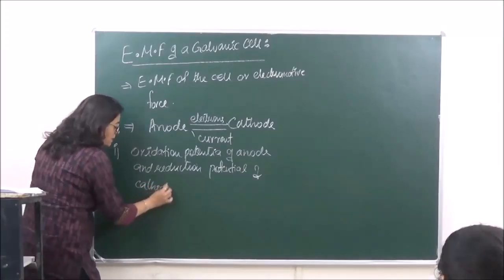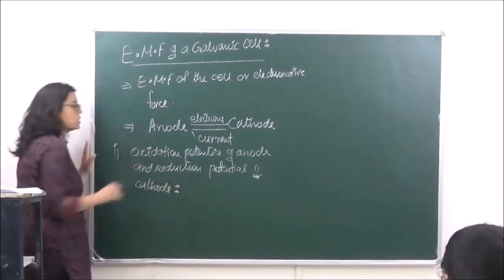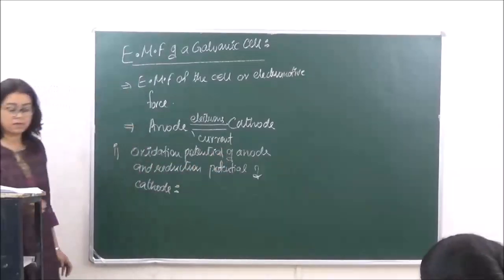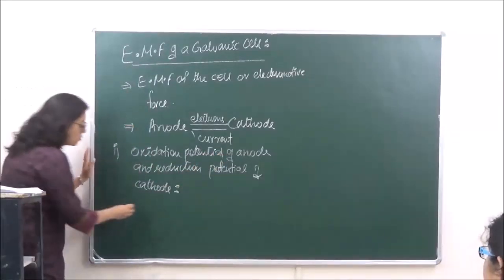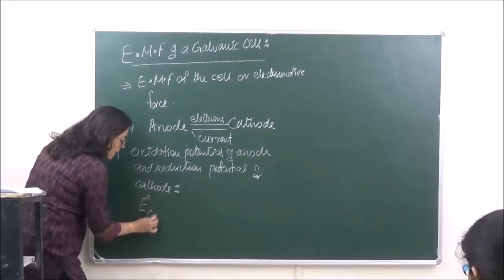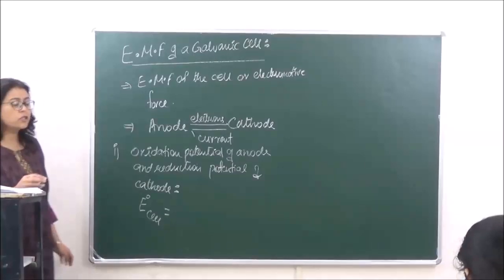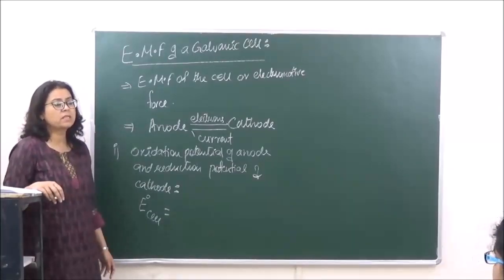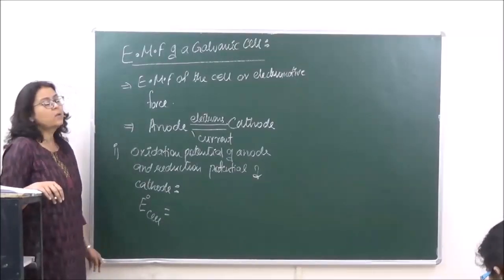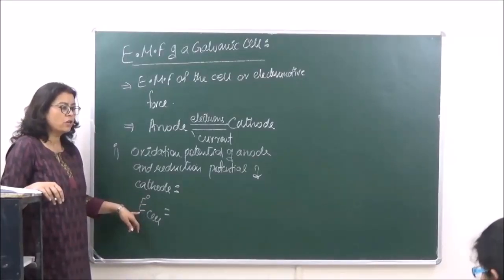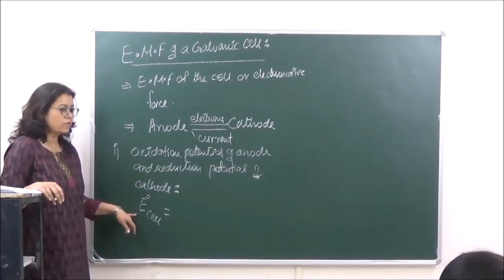If this is given in the question, then E cell is equal to E naught cell. What do we understand by naught over here? When the conditions of the reactants and products are standard, that is, we are taking 1 molar concentration. That is the standard electrode potential of a cell, or standard EMF of a cell.